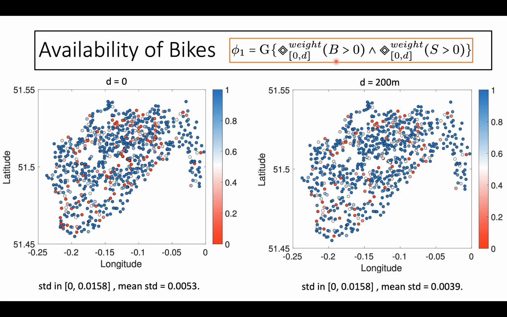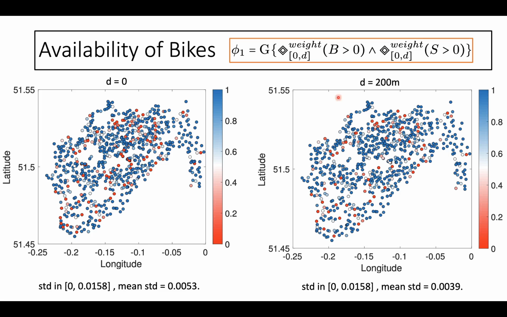The W in each label corresponds exactly to the Euclidean distance between two different stations. In the second part, we have the same, but instead of at least one bike, we ask for at least one free slot. So we are asking that each station is never full and never empty.